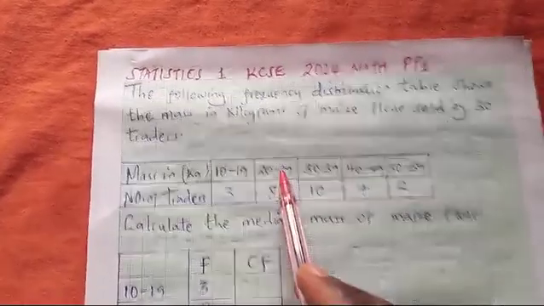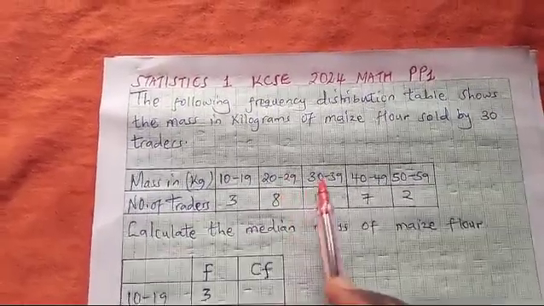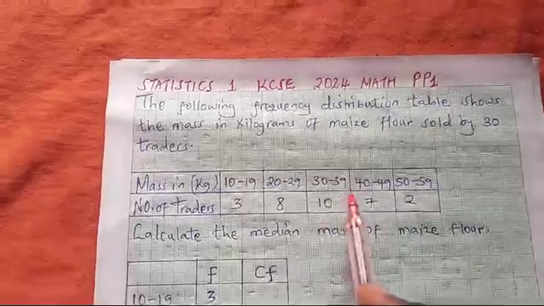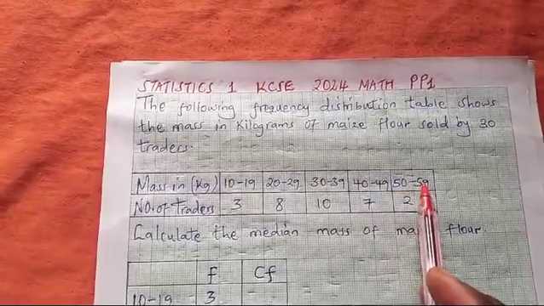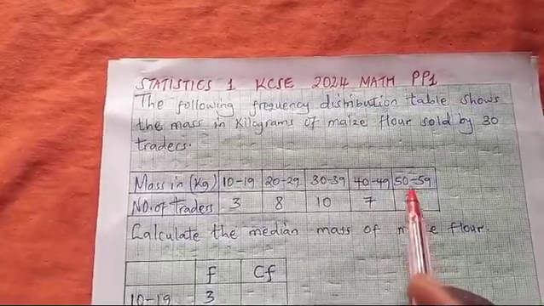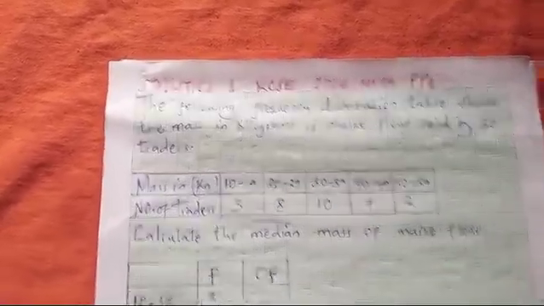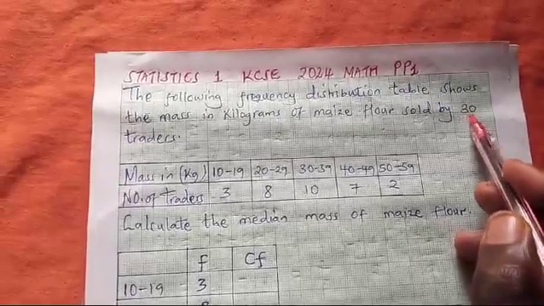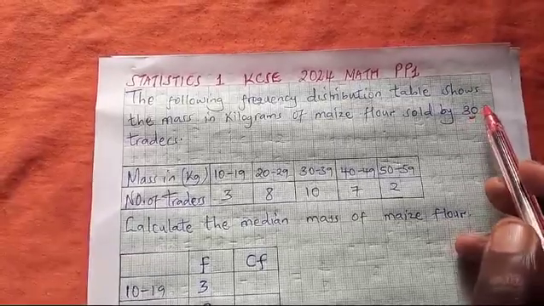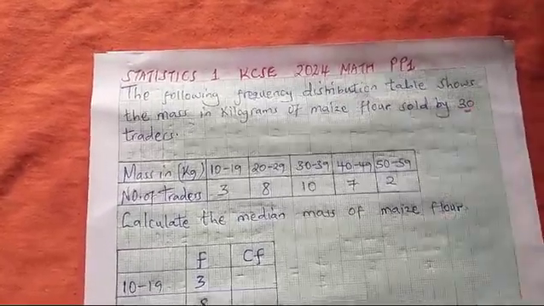From 20 to 29 we have 8, from 30 to 39 we have 10, from 40 to 49 we have 4, and from 50 to 59 we have 2. So we have been told that the total number of traders is in fact 30.